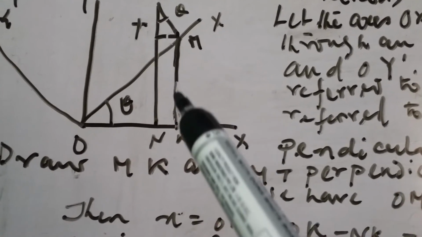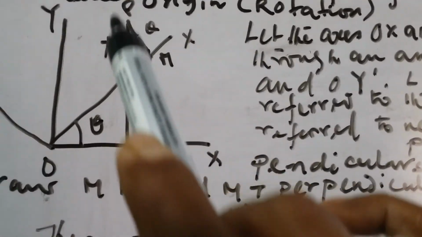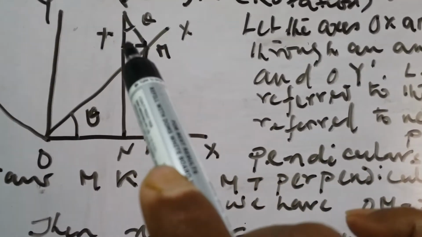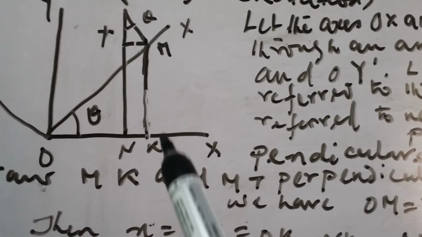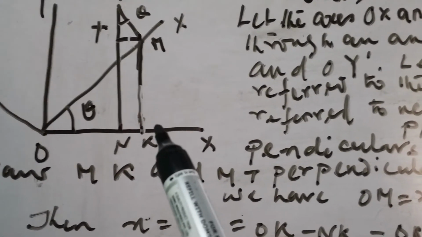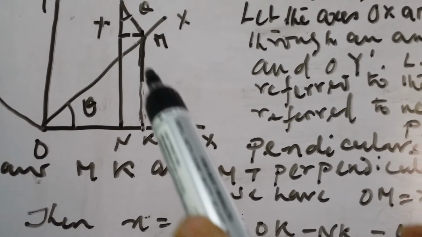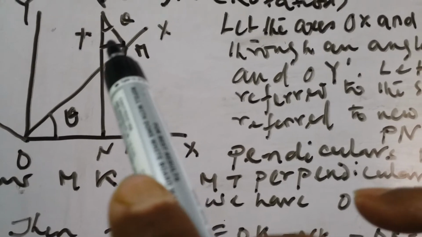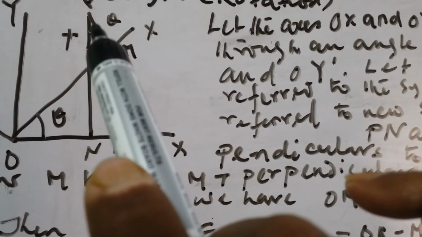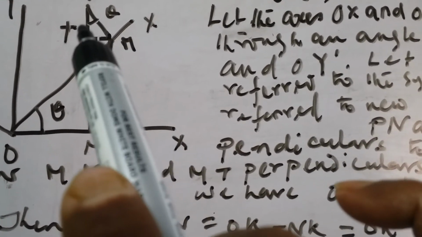Another is MK. Now y is equal to what? y is equal to PN, PN is equal to PT plus TN, TN is equal to MK, and MK is equal to x dash sin theta. PT is equal to y dash cos theta.